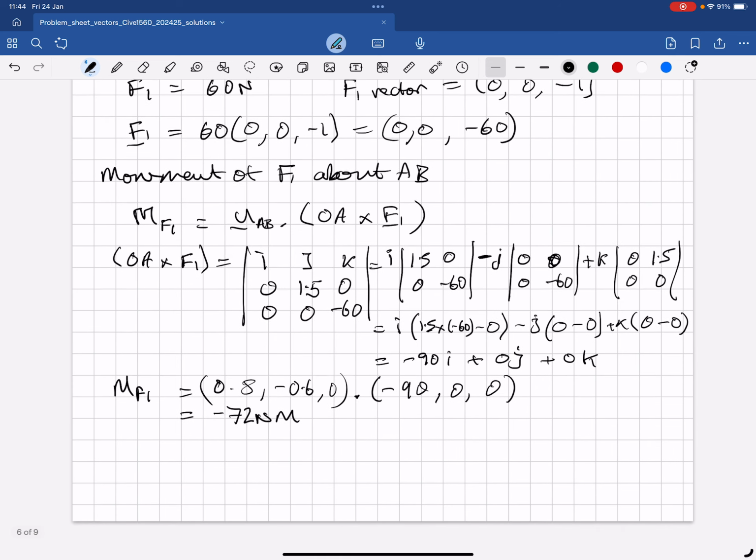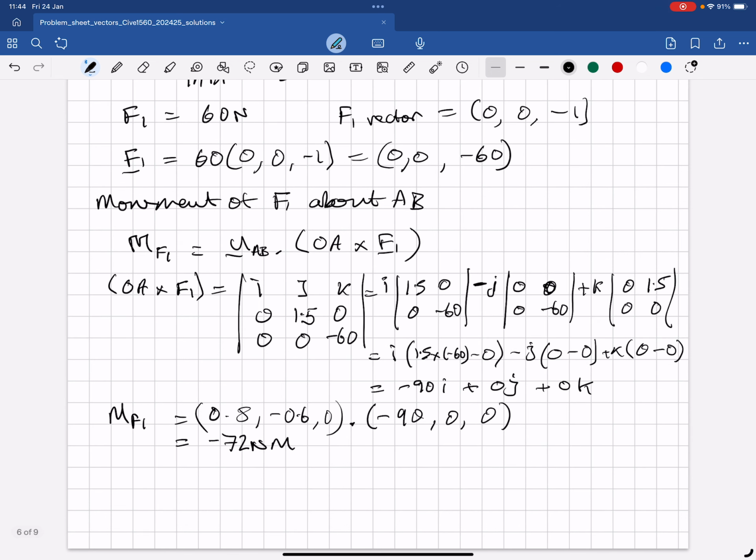Okay. Now we could have actually done this calculation as a single determinant calculation. Let me just write how we could have done that. So we could say that MF1 is equal to UAB dot OA cross F1 vector. And we can write that whole thing as this determinant calculation.